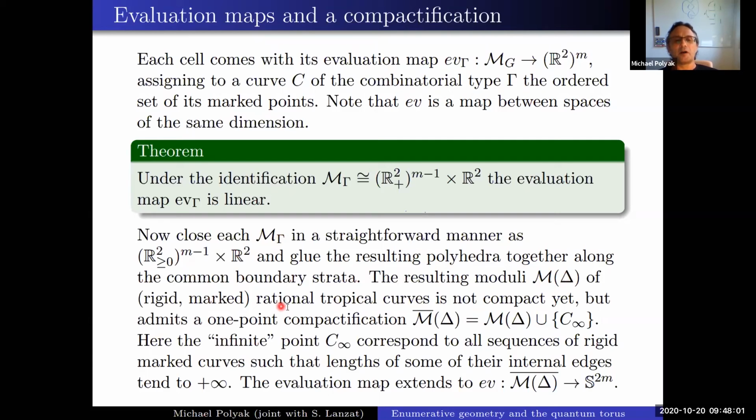It is, however, not compact yet, right? Because there are these infinities. There is infinity here and there's infinity here. You could make some lengths infinite or just shift the root vertex to infinity.